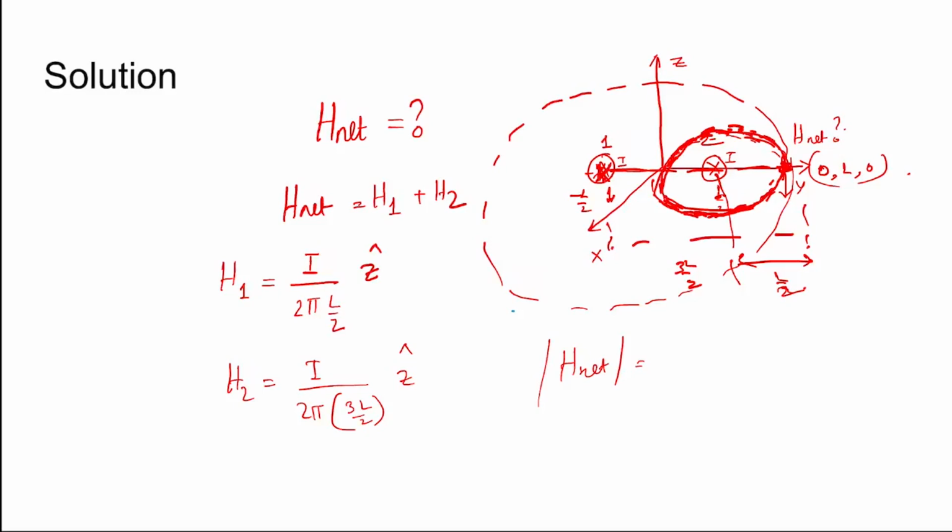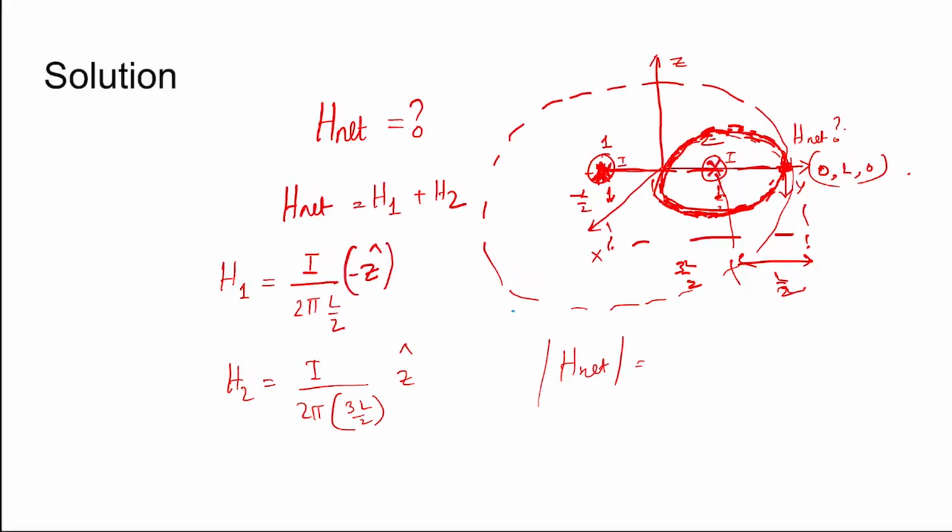If your thumb is pointing in the direction of the current, your fingers' curl direction will point in the direction of the magnetic field intensity. So if you are at this point, you place your right thumb in this direction of current, then when you curl your fingers, that direction is coming downwards, so this is minus z cap.